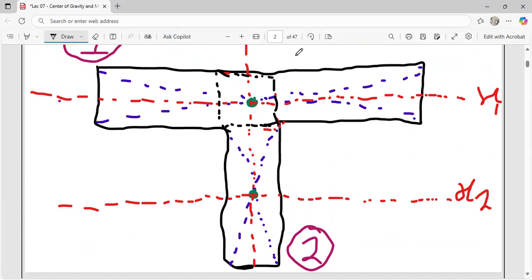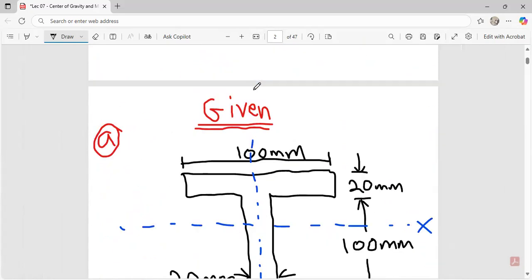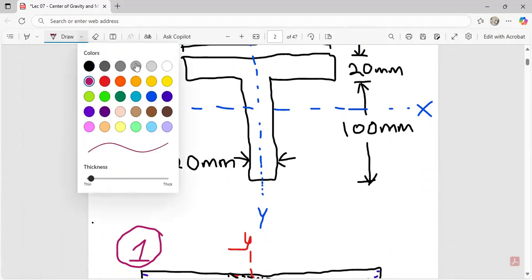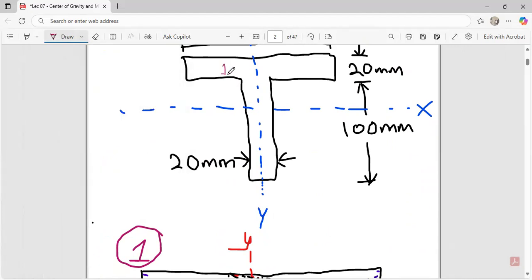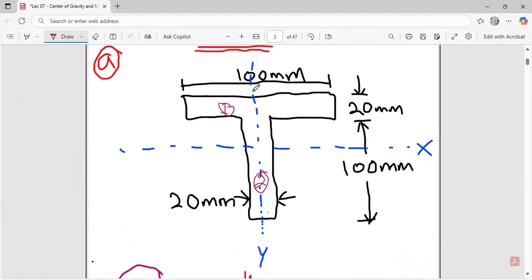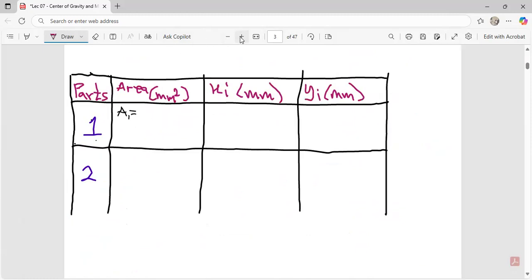If you want to consider part one very well, this is our part one, and this is our part two over here. For part one, its breadth is what? 100. And the depth over here is what? 20. So to get the area is simply equal to the breadth times the depth.